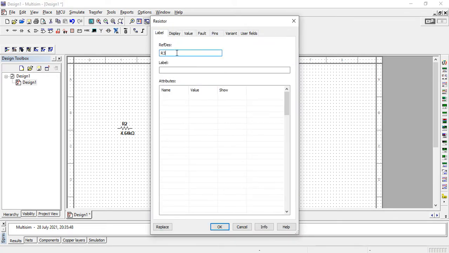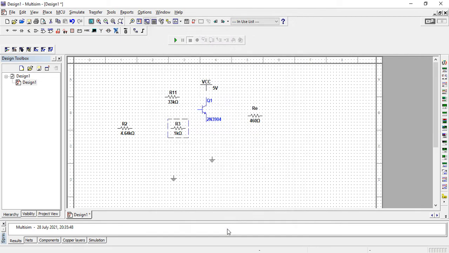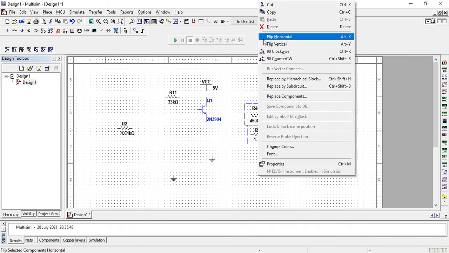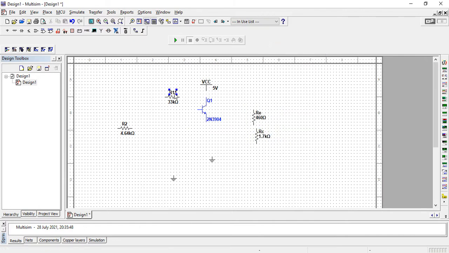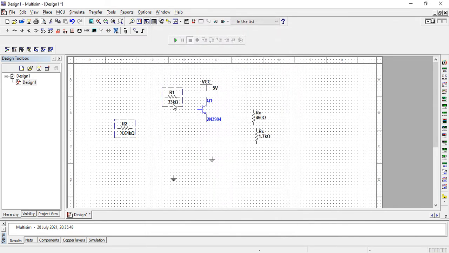Okay, this is RC and its value is going to be 1.7, right? Okay, RE and RC, I have them, and this is my R1 and R2. Okay, so everything is ready and I'm going to, sorry for that, make my circuit, right?